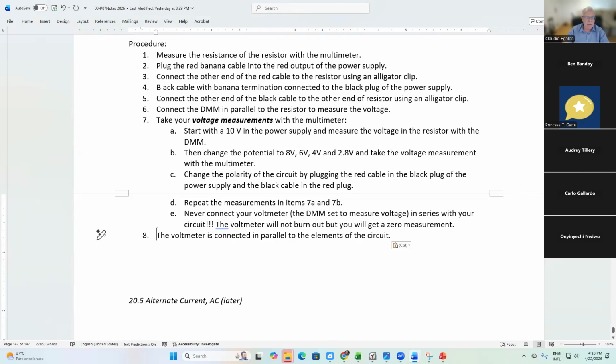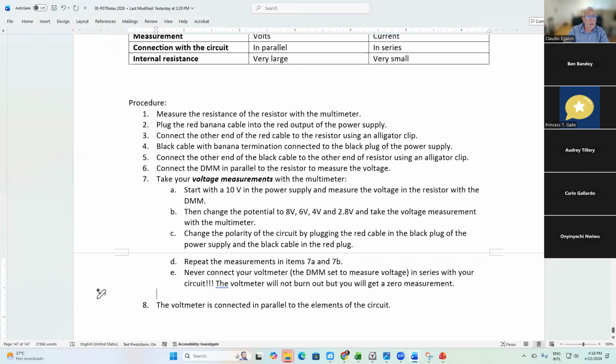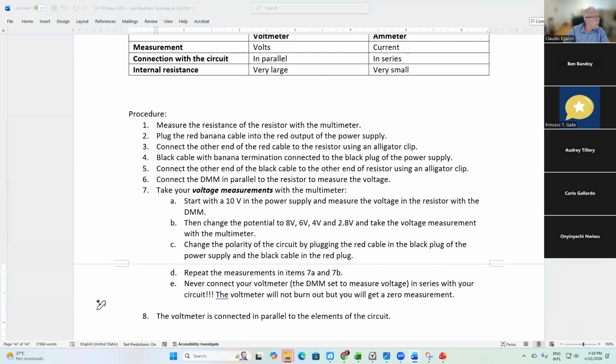Voltmeter is connected in parallel to the element of the circuit, right?